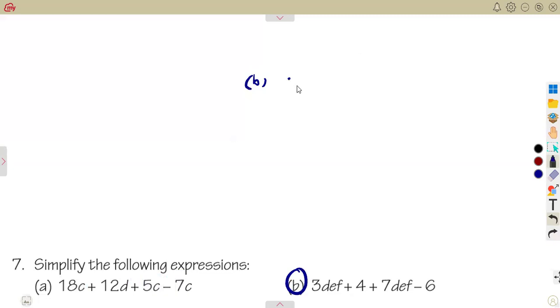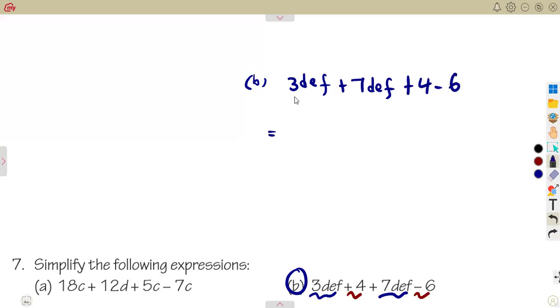Then on B, we are given 3DEF. If you consider, this is the same as this one. These two are the like terms. So that is 3DEF plus 7DEF. We have the same letters in this case. Then the constants, the 4 and the minus 6, these two can be taken together.